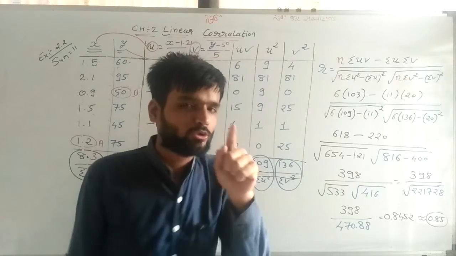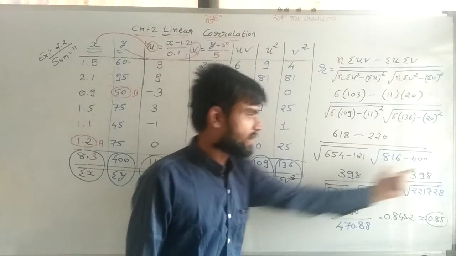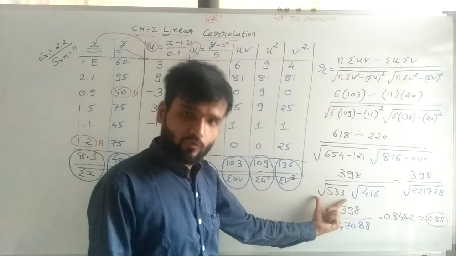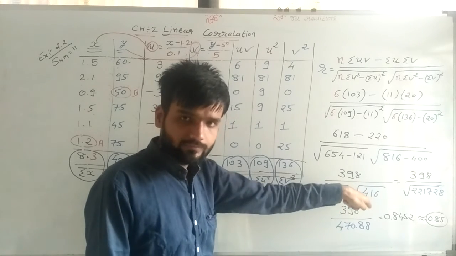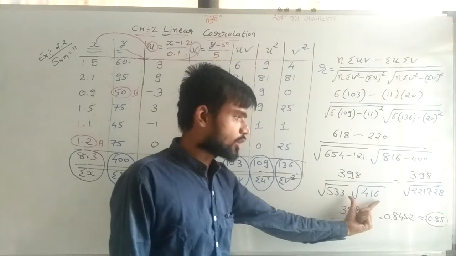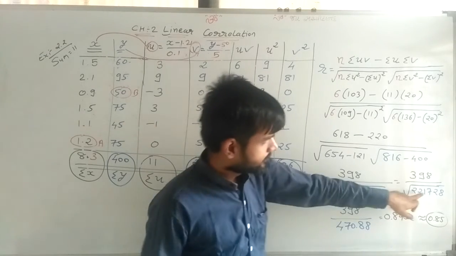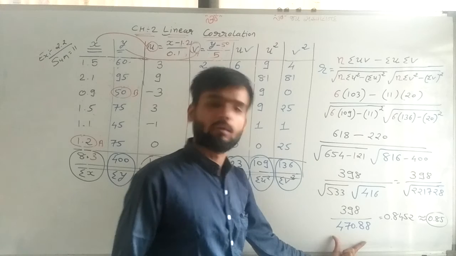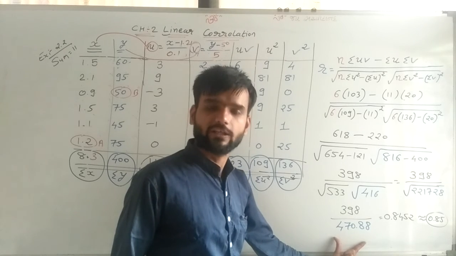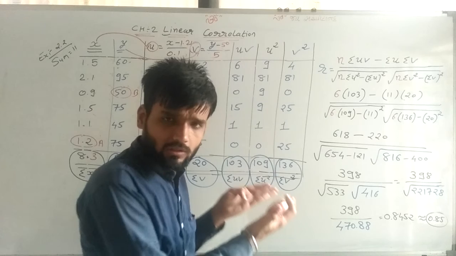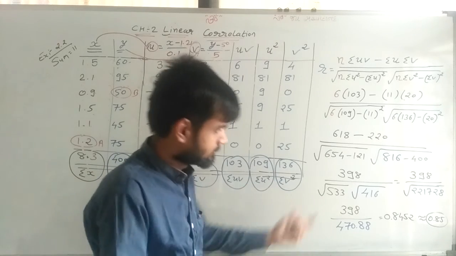First method: keep the numerator the same, find the root of 533 and write it. Then find the root of 416 and write it. The multiplication of both must be 470.88. This is the first method. Now the second method, what Kamal sir has done.